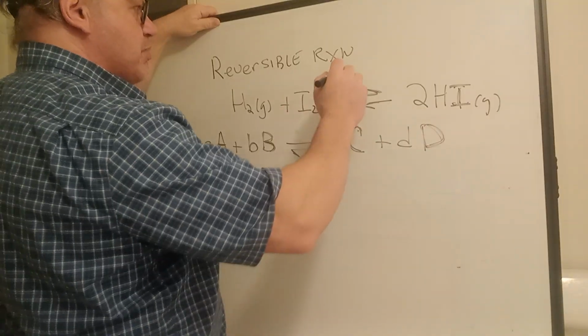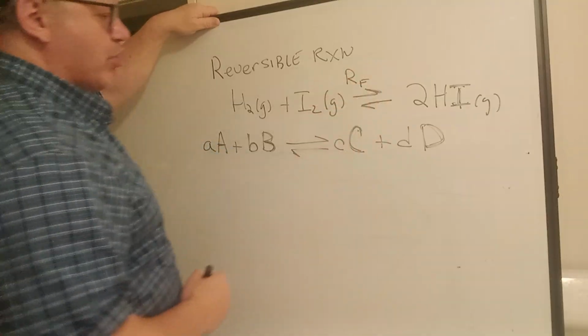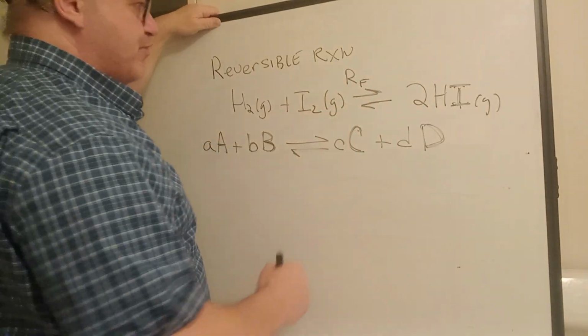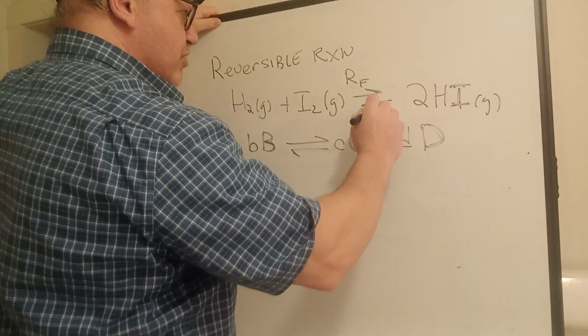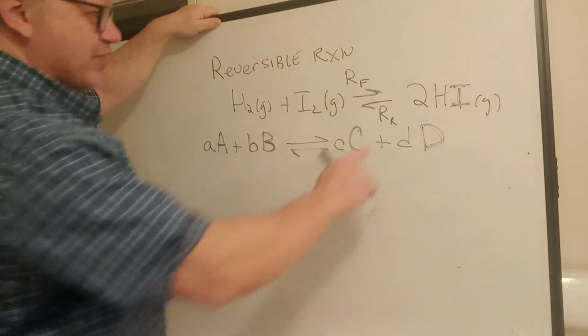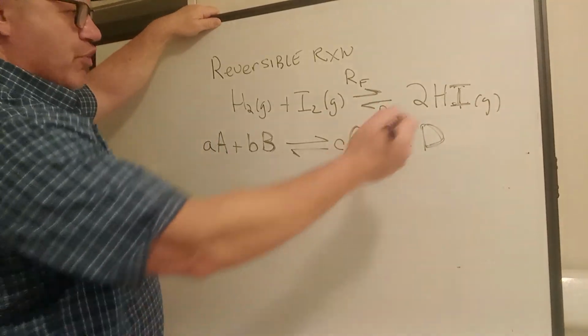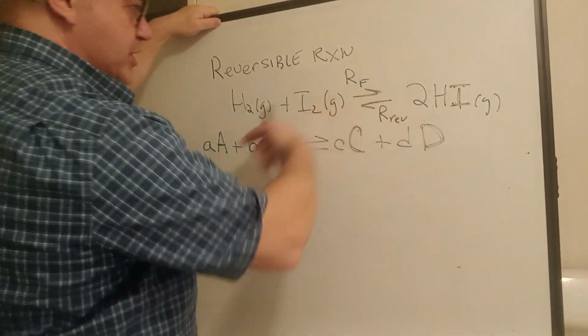It's balanced stoichiometrically, so we can have something we'll call the rate forward. I'll just write RF, meaning rate forward, and for the rate in the reverse direction I'll call it R rev, for the reverse direction. So that's the direction going this way.